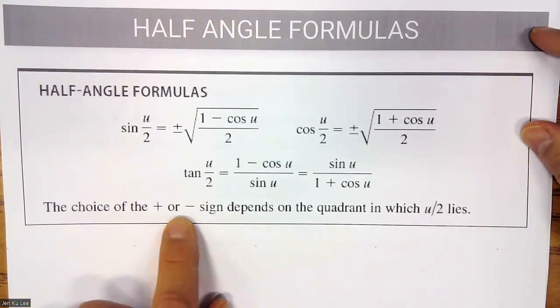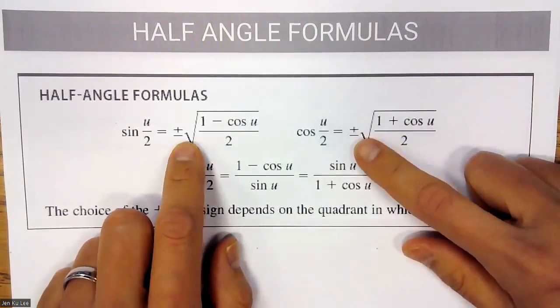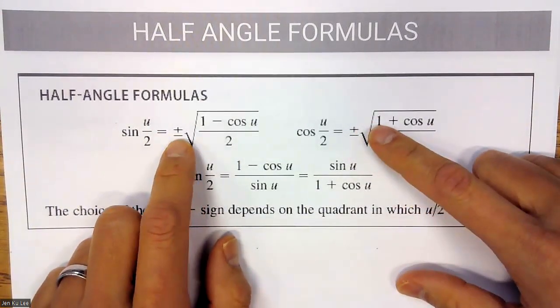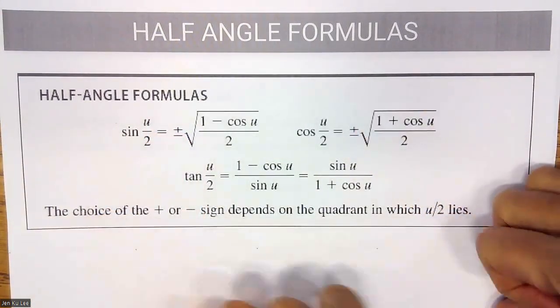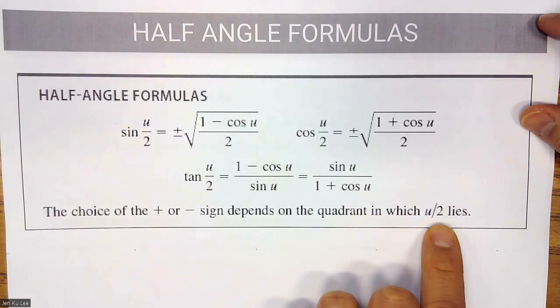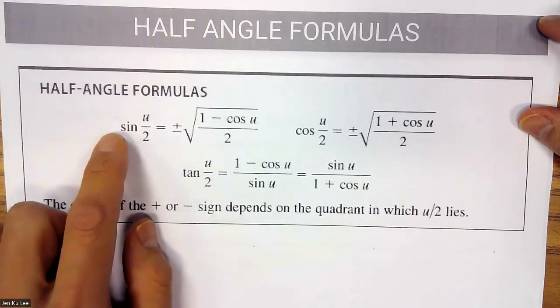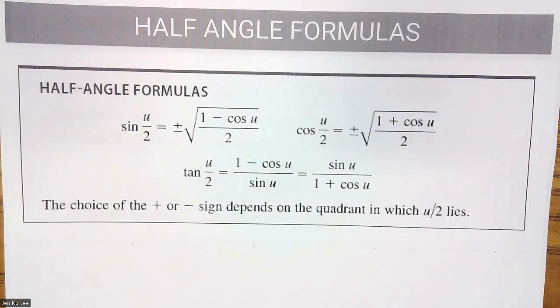And the choice of plus or minus on these two depends on the quadrant in which the half angle lies. So let's say you get the sine of the half angle formula. If the half angle lies in quadrants 1 and 2 for sine, it'll be positive.